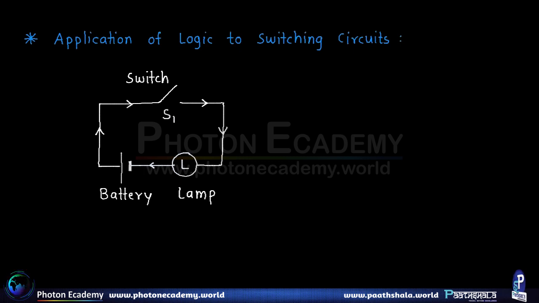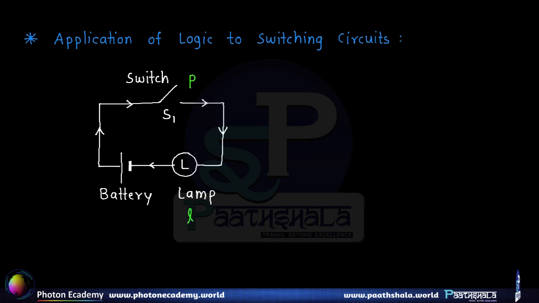Okay. So if we represent the state of lamp as L and the state of switch as P, where P corresponds to the statement in mathematical logic, then we can easily see that when the switch is closed, the lamp will glow, and when the switch is open, the lamp will not glow.